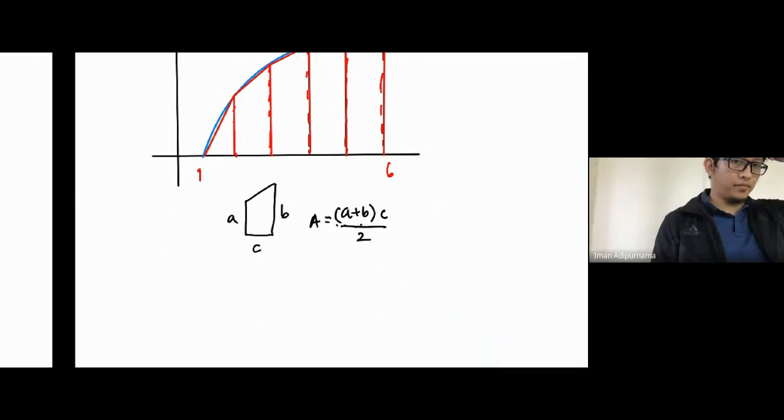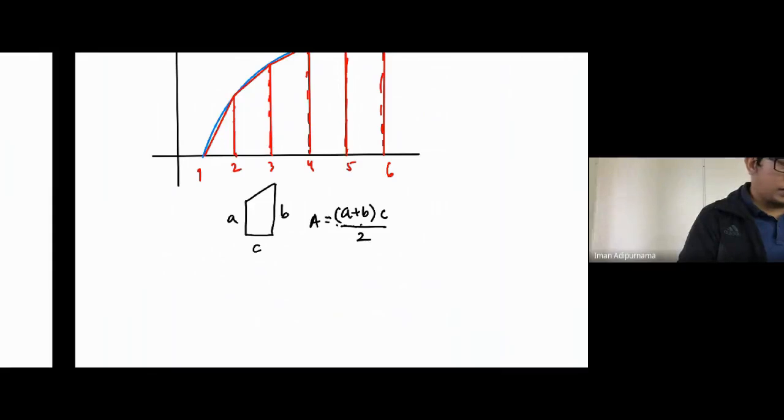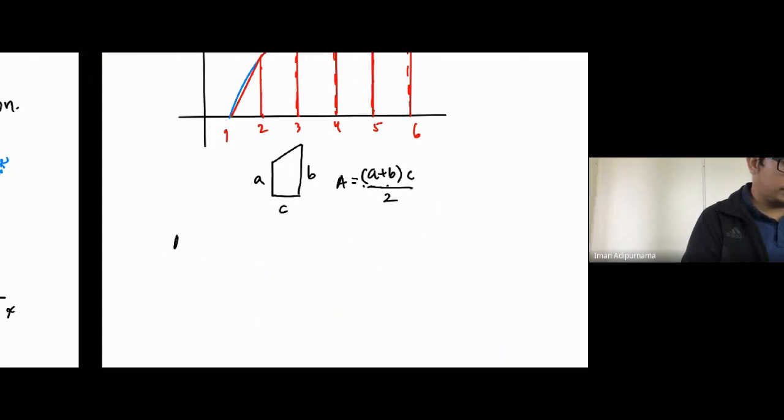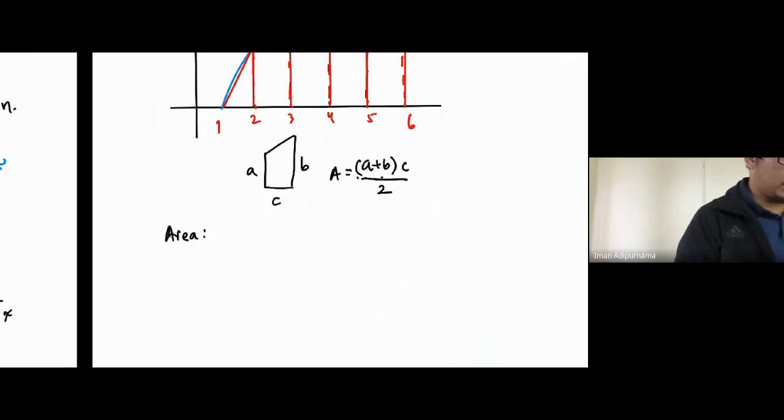So let's say this is 1, 2, 3, 4, 5. So the area is f1 plus f2.